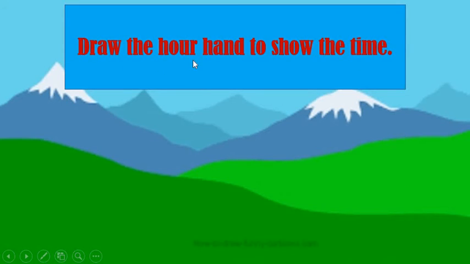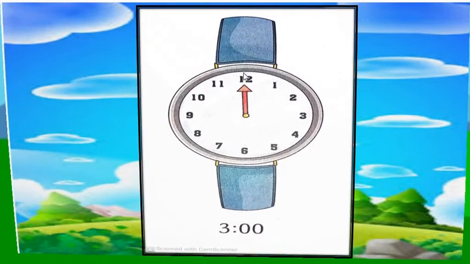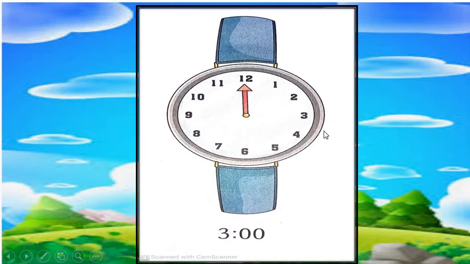Draw the hour hand to show the time. Look, my dear students, here we have an image of a clock. You can see the numbers 1 to 12 on this clock.